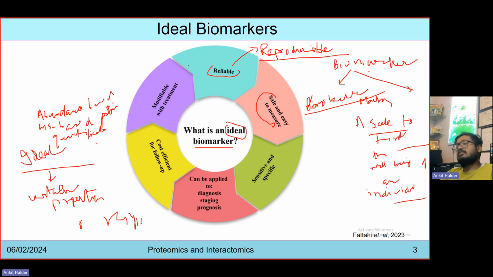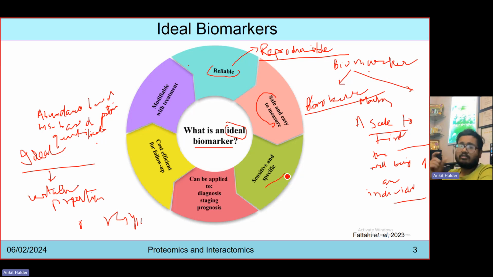Sensitivity and specificity I will talk about in detail at the end, but briefly, sensitivity is having as many correct responses as possible by monitoring this particular marker.